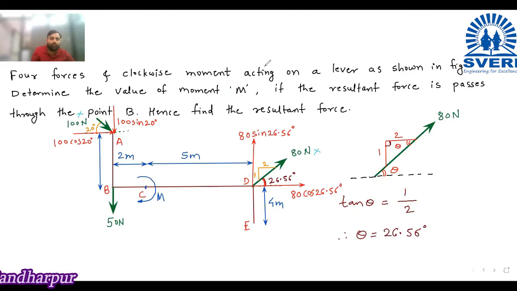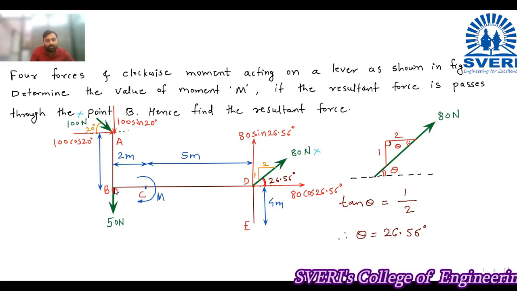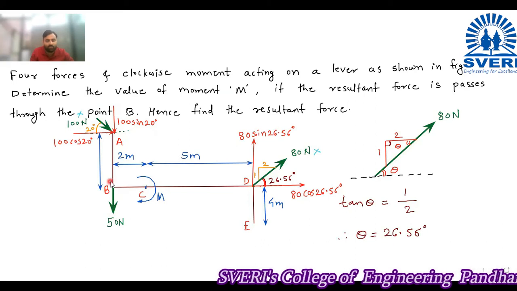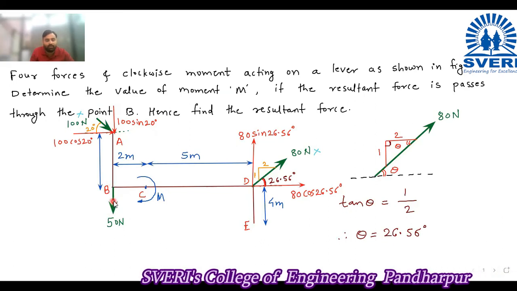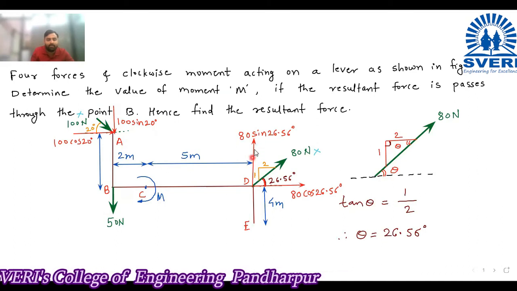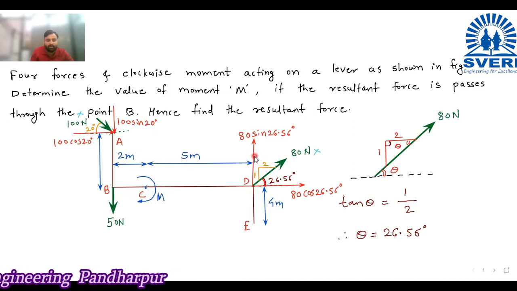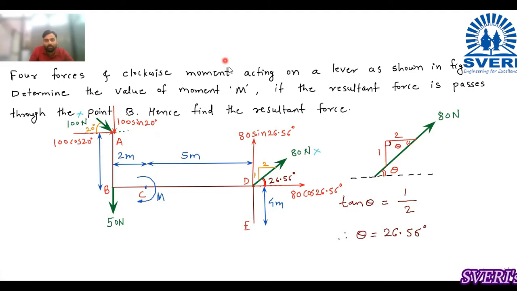So now summation fy. Here you can see this force which is downward, minus 100 sine 20. Then the 50 Newton force is also downward, minus 50. Then this 80 sine 26.56 is moving upward. Okay, and I have forgotten to draw one more force.